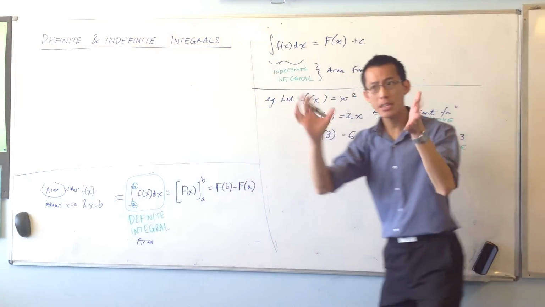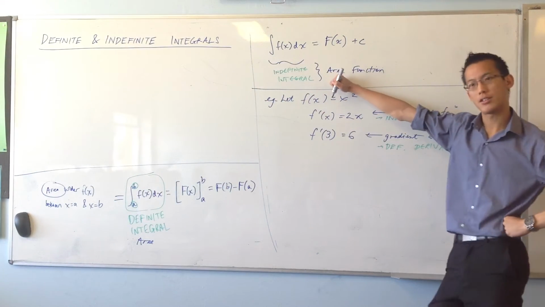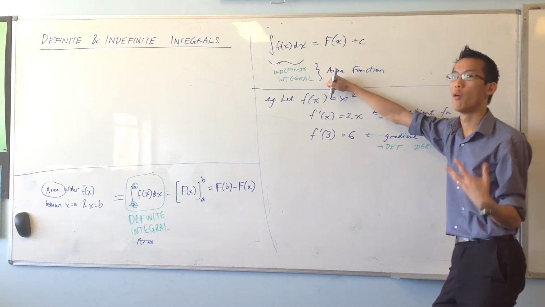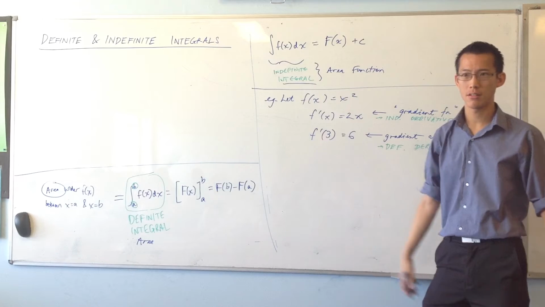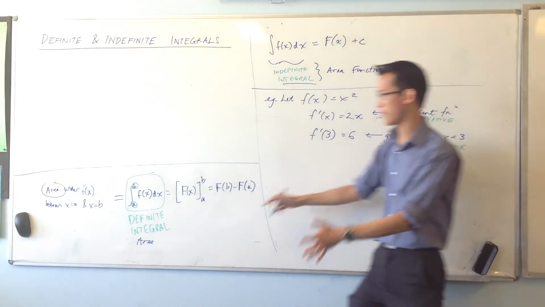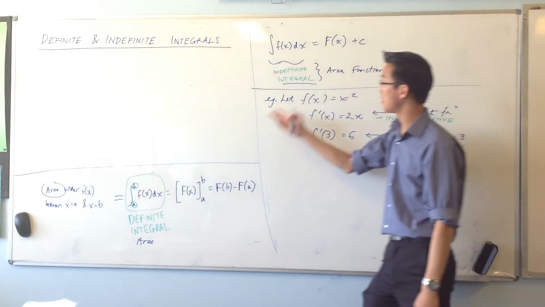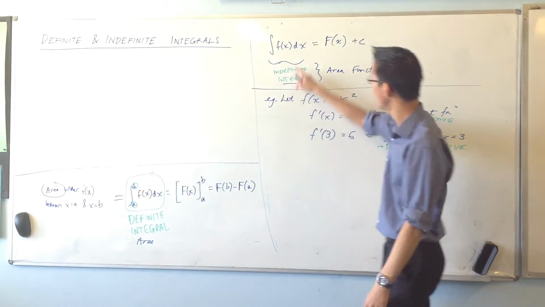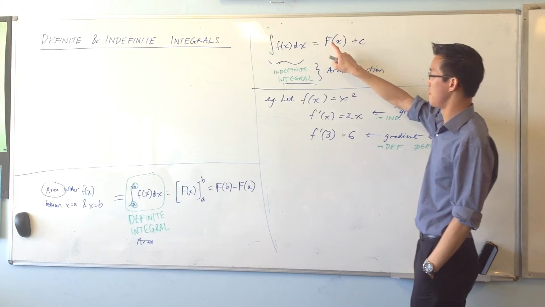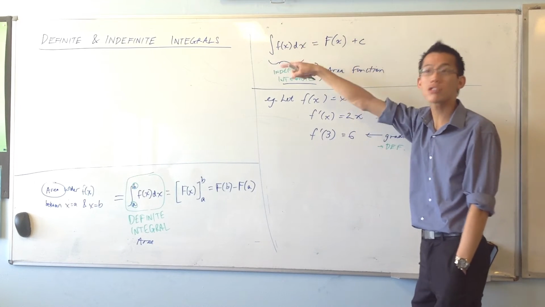So this idea of an indefinite integral, what it really does is it formalizes or solidifies the idea that you can do integration and have it as a separate thing from area. Because you can think about it as a process which is just algebra, which is what we did at the end of last term. I said, look, you know how to go from this to that, like if you differentiate, so just go in reverse.